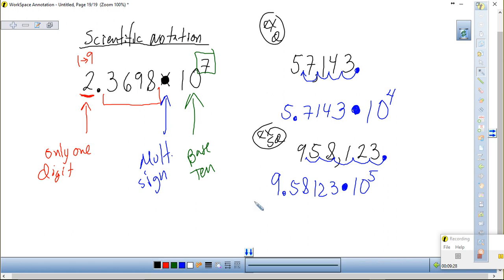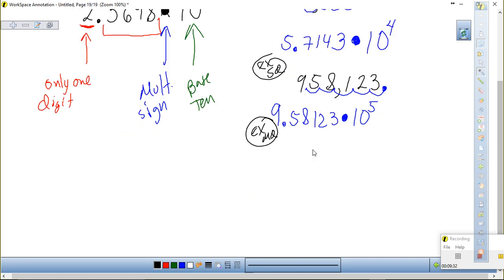How about if I gave you example mega Q? And let's say I gave you one that looked like this. We're still on the Q column, right? Let's say I gave you one that looked like 58.23. And I asked you to change that to scientific notation. What would I do?